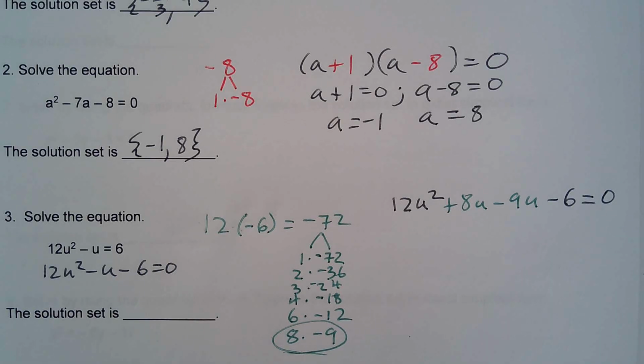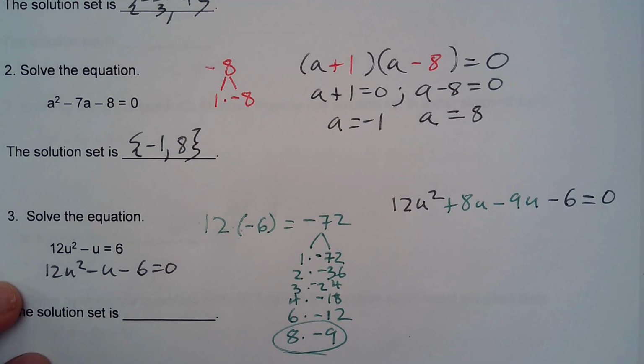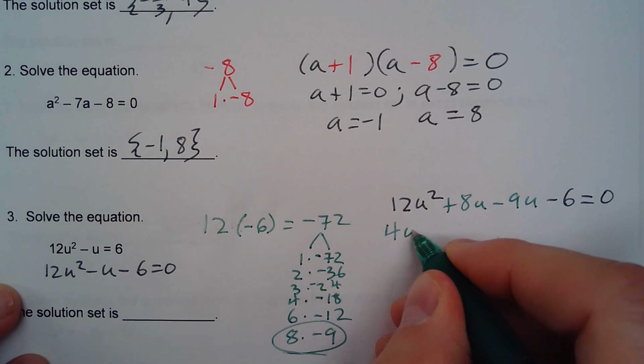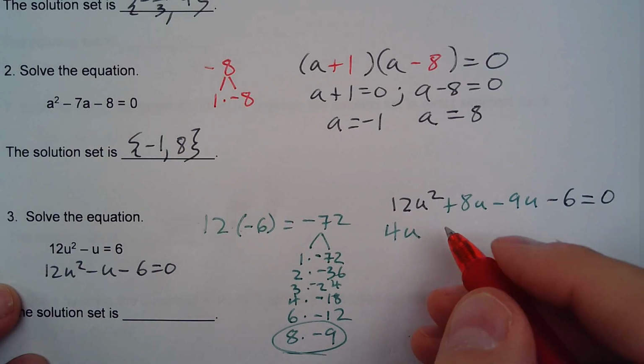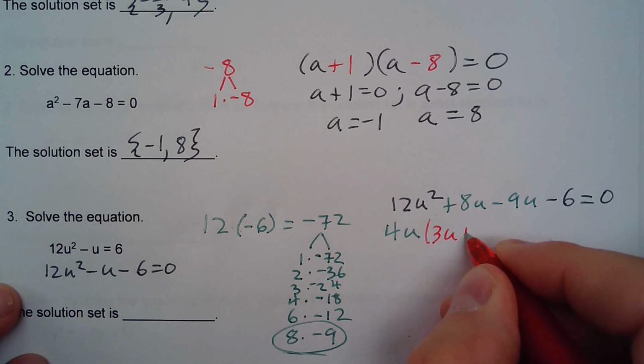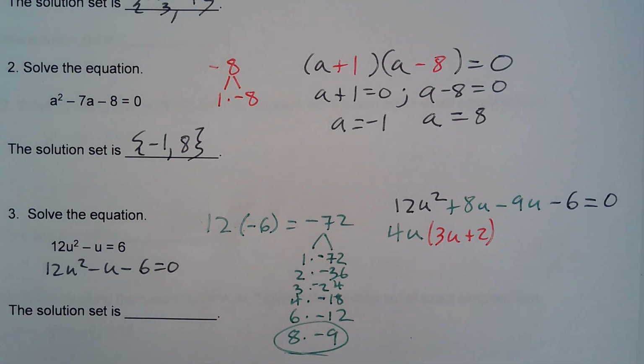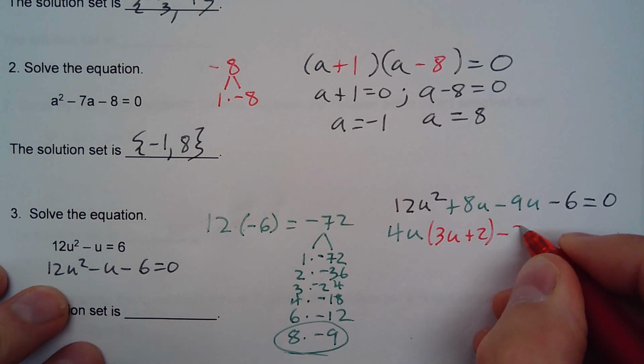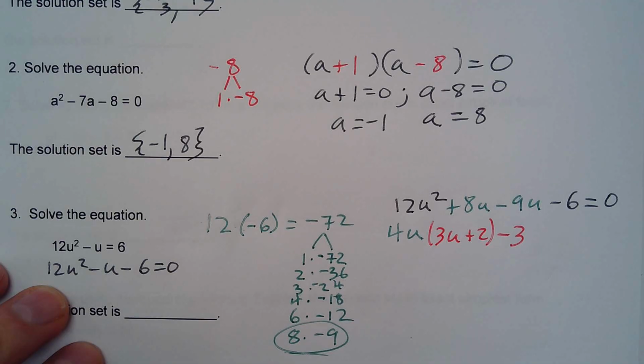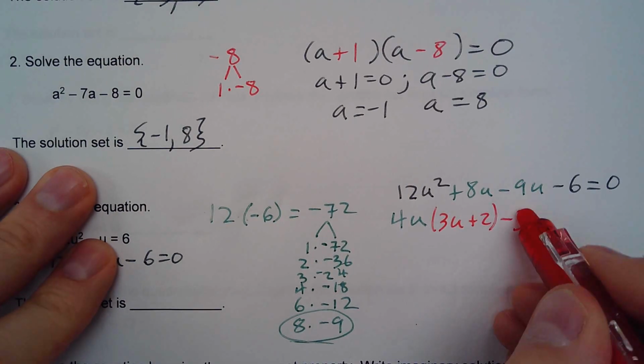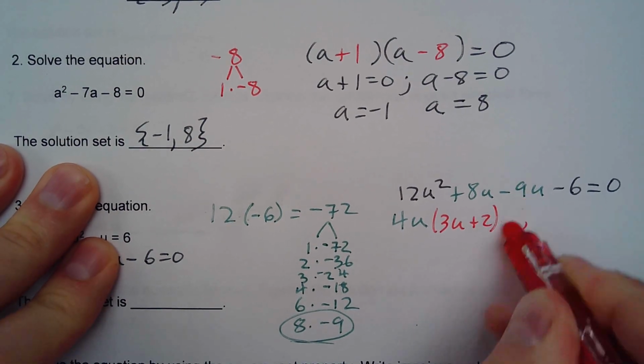The first two terms have a 4u in common. That gives me 3u plus 2. Last two terms have a common factor of 3, but since that 9 is negative, we're going to take out a negative 3. Oops. Used the wrong color there, my bad.